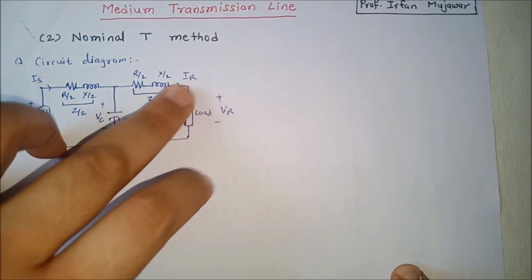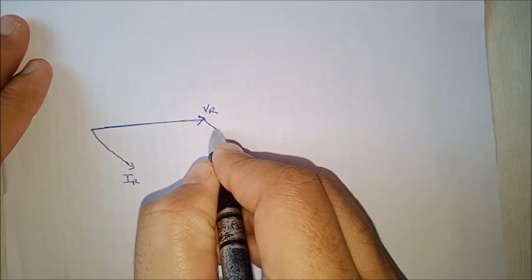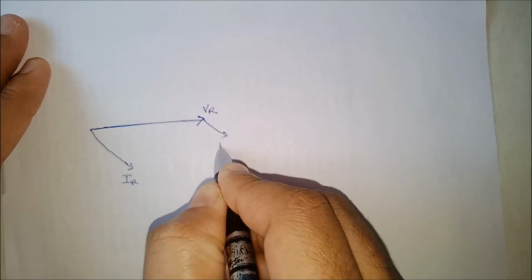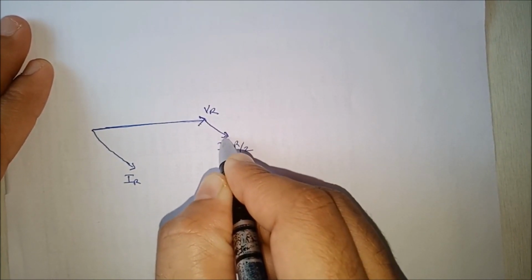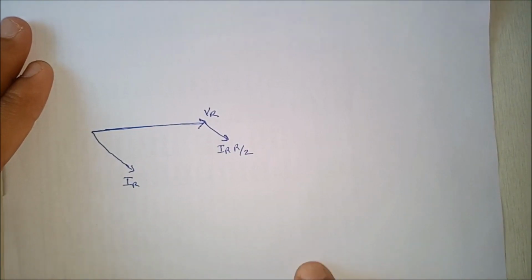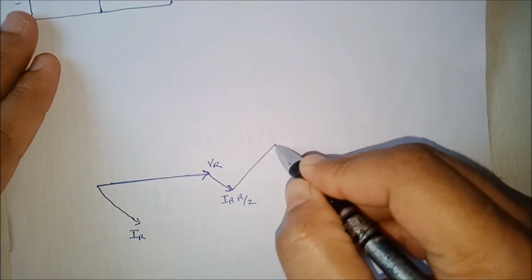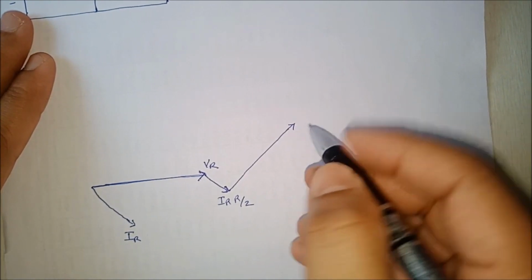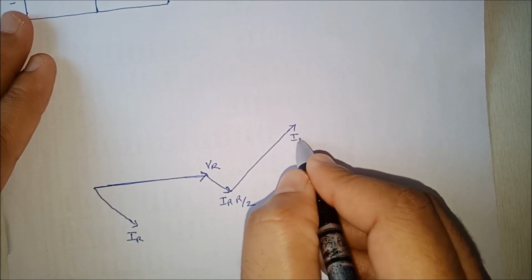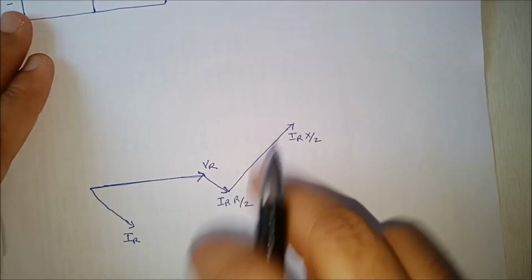To VR we have to add the voltage drop across the resistance and reactance. IR into R by 2 will be somewhere here, parallel to IR, and IR into X by 2 will be leading. So this is IR into X by 2.